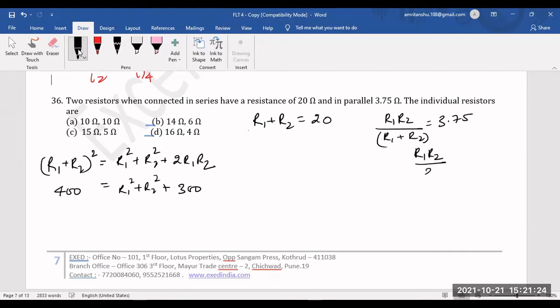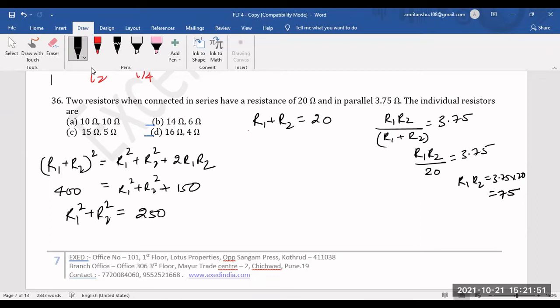R1 R2 upon 20 is equal to 3.75, which is 75. So from here, 75 into 2 is 150, plus 150. So R1 square plus R2 square is 250.